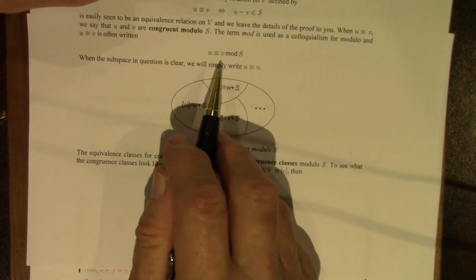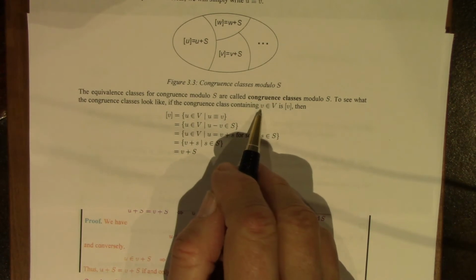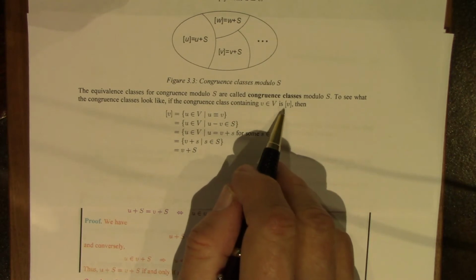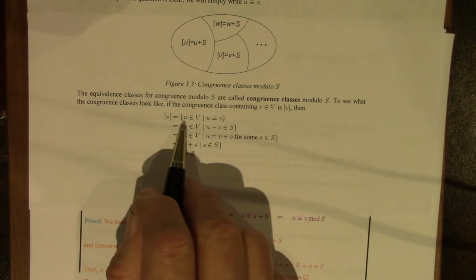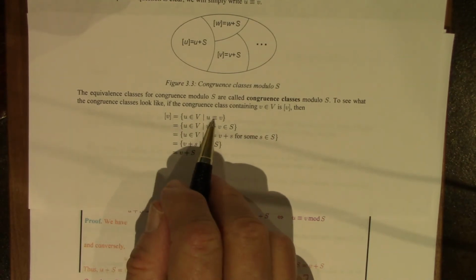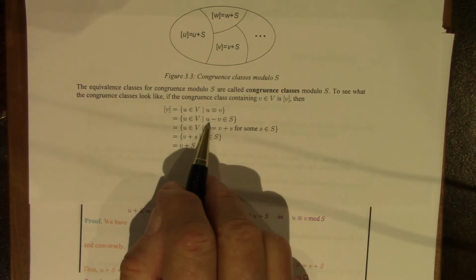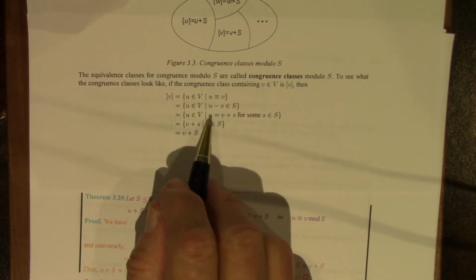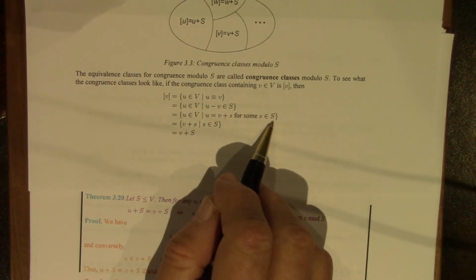So, what do the equivalence classes look like for this equivalence relation? Well, if we take a vector, little v in V, denote its equivalence class as we have in the past by v in square brackets, then that is by definition the set of all vectors u in V that are congruent to v, or in other words, for which u minus v is in S, or in other words, for which u equals v plus little s, for some little s in the subspace.